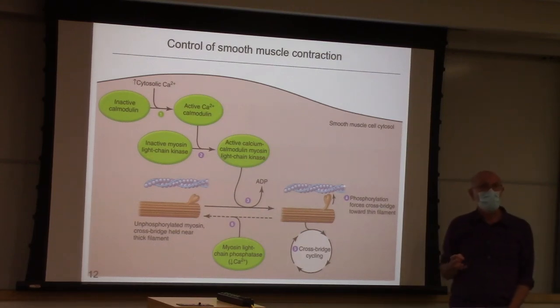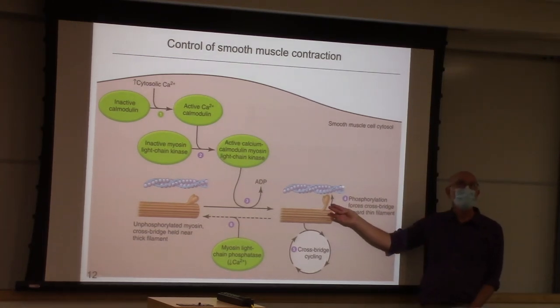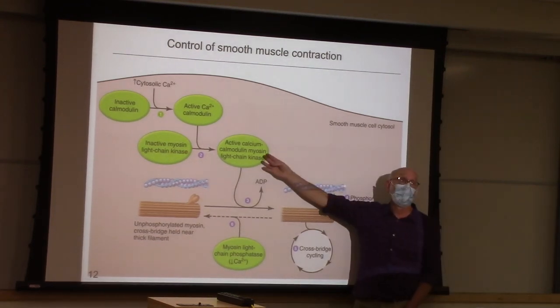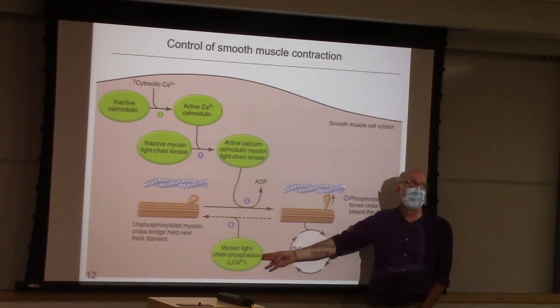So in skeletal muscle, the phosphate is bound to it, but it's not a covalent binding. In smooth muscle, the phosphate is covalently attached by the kinase. And so only through dephosphorylation can the thing relax.